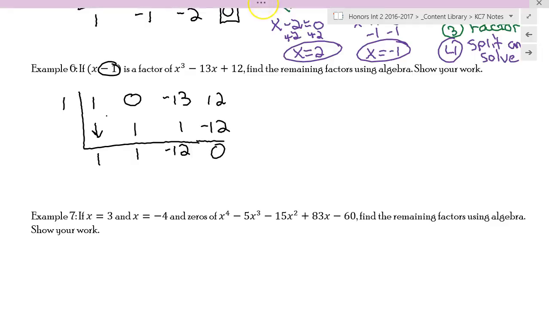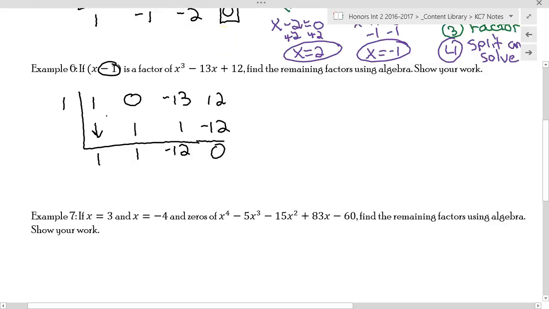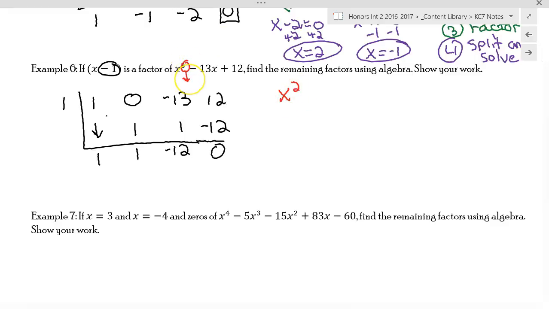Now again, my second step is writing that quadratic. So I always start with whatever that is and take it down.